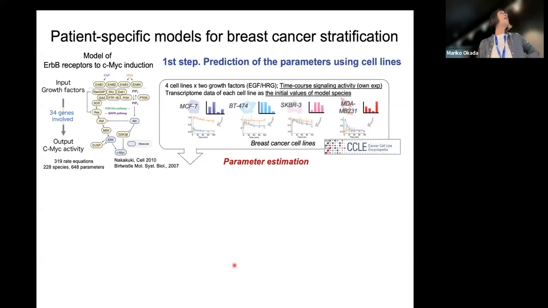So our laboratory decided to use the parameters obtained from cell lines. We used 4 cell lines corresponding to the 4 different subtypes, and performed parameter estimation using the data obtained from them.